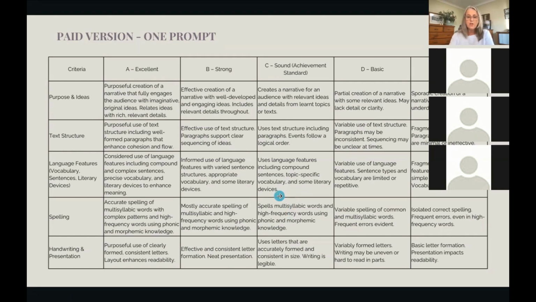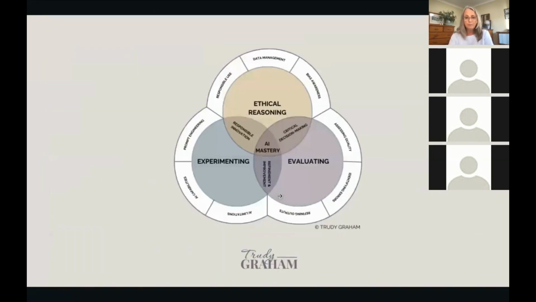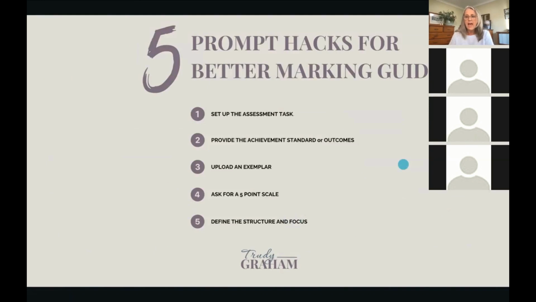I'm just going to go back to the 5 prompt hacks in case you wanted to take a screenshot of those 5. So just a quick review of those. 1, set it up with the assessment task. Give it all the information you can around what your task is for your students. Provide it with the curriculum references, whether it's the achievement standards or the outcomes from your syllabus.